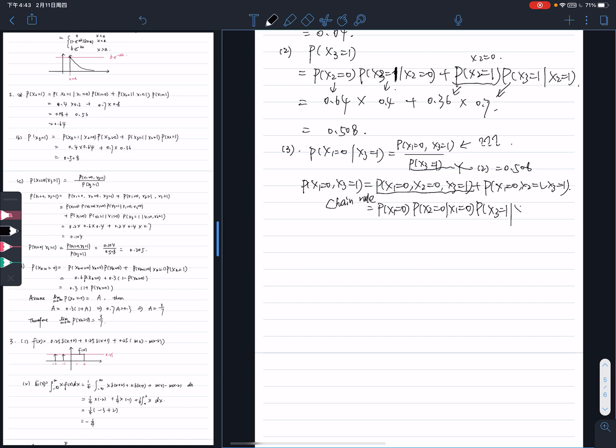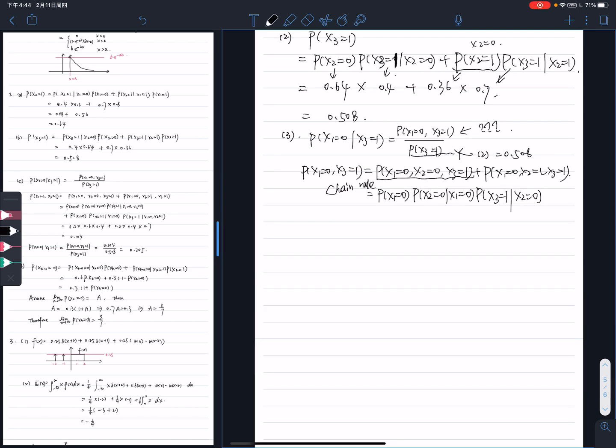Actually it should be conditioned on x1 equals 0 and x2 equals 0, but in this problem this is a Markov chain and the next state only depends on the former state, not all the former states.